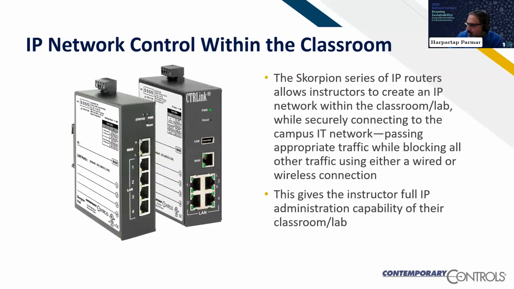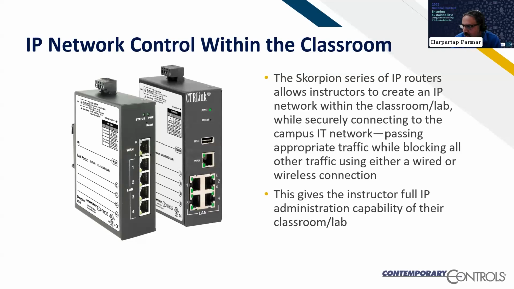So moving on to the next piece, which is the higher level layer on the Ethernet side, you go to the IP network layer, right? So Ethernet switches just connect the devices together, but then you also need to assign IP addresses, right? So either you can go to the IT network and say, I need to assign IP addresses, or you can set up your own IT network in the lab.